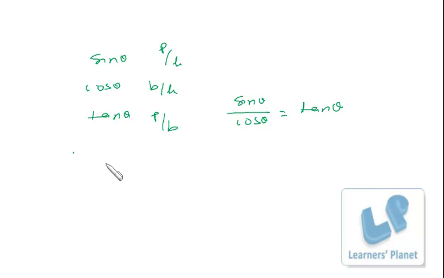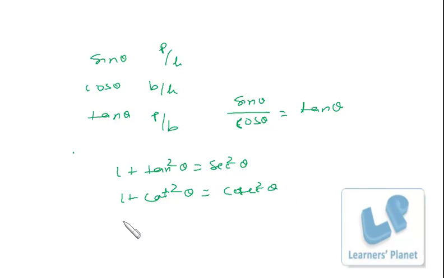Apart from that, three more relations we know: 1 plus tan square theta is equal to sec square theta, 1 plus cot square theta is equal to cosec square theta, and sin square theta plus cos square theta is equal to 1, right?